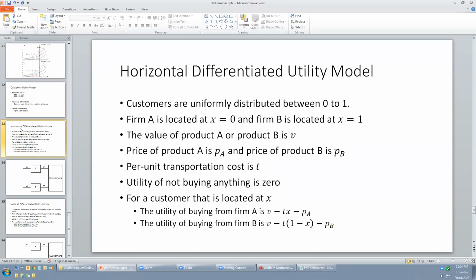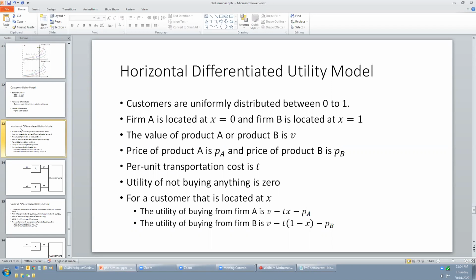Let's say you are a customer located at x, for example x equals 0.5. If you want to buy from firm A, you have to travel 0.5 from your home to firm A, because firm A is located at 0 and you are located at 0.5.